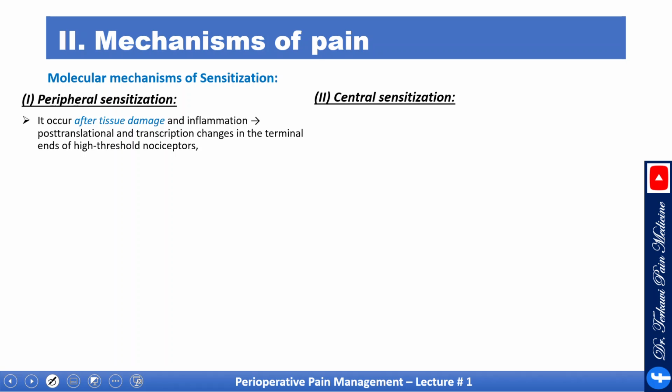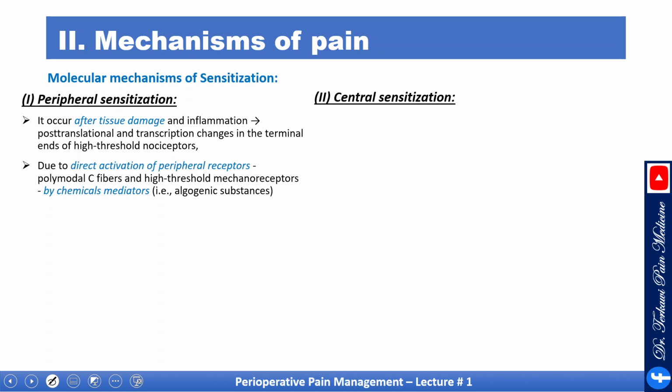Peripheral, from its name, occurs after tissue damage and inflammation, with post-translational and transcriptional changes in the terminal end of high-threshold nociceptors. Due to direct activation of peripheral receptors, polymodal C fibers and high-threshold mechanoreceptors release chemical mediators, like the substances we saw in the previous table.